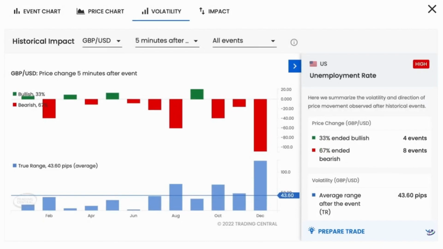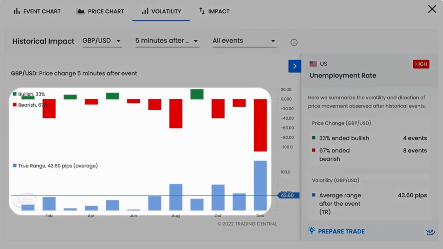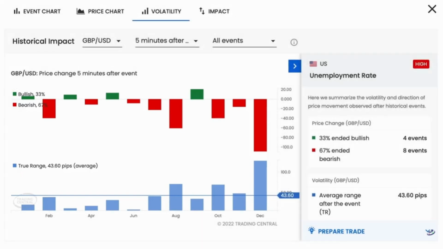You're likely wondering what this bar chart is showing. Here, we're looking at the historical volatility of an FX pair in a given time frame, measured by true range. The true range indicates the degree of price volatility for a given FX pair, in this case, the US dollar and the British pound.